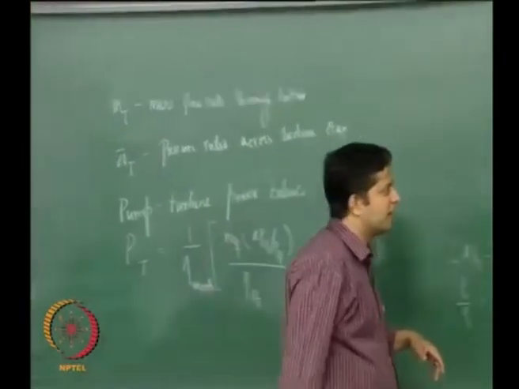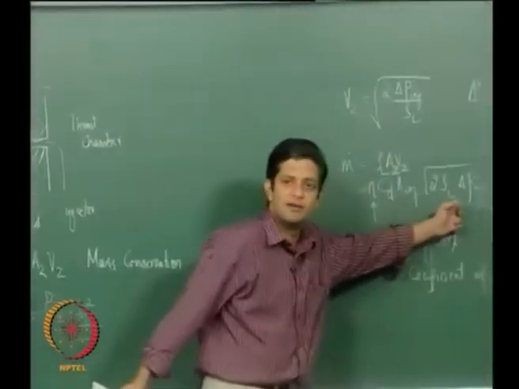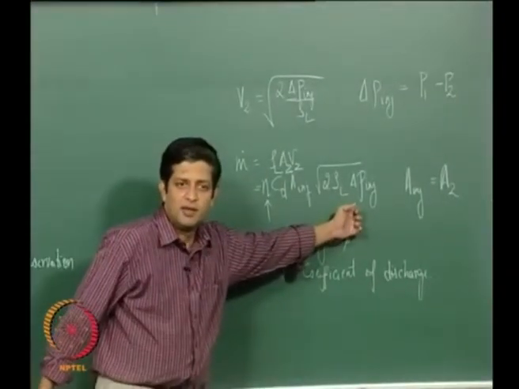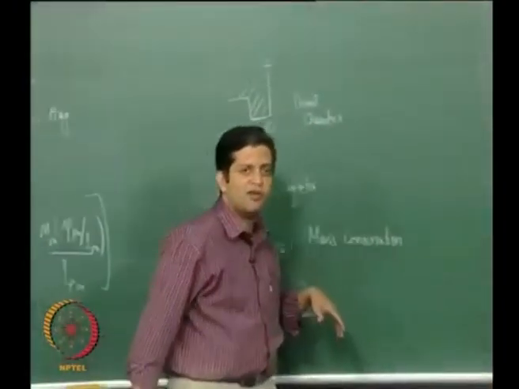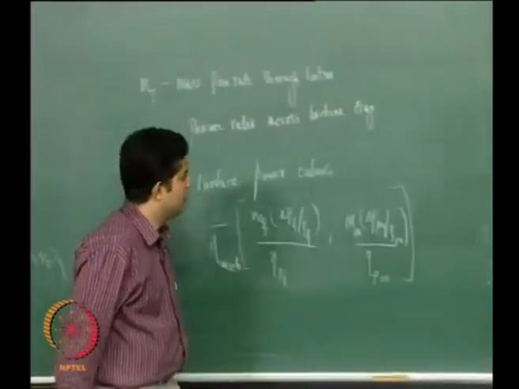the equations that we derived here, delta P across the injector, right. This has to be delta P for oxidizer, delta P for fuel.